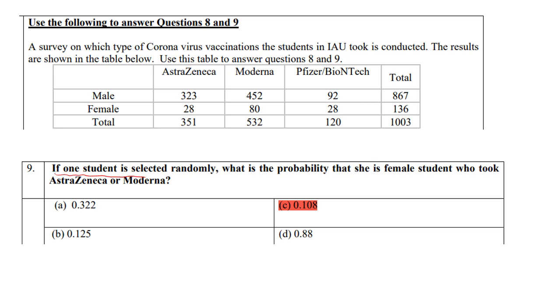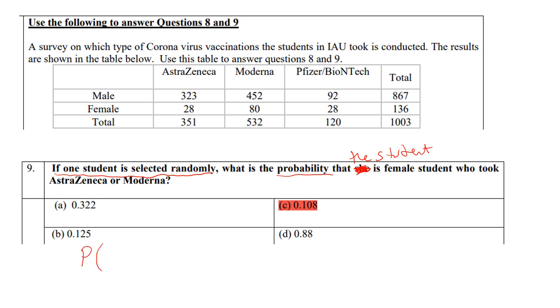9. If one student is selected randomly, what's the probability that the student is female and took AstraZeneca or Moderna? So we can write the question this way.